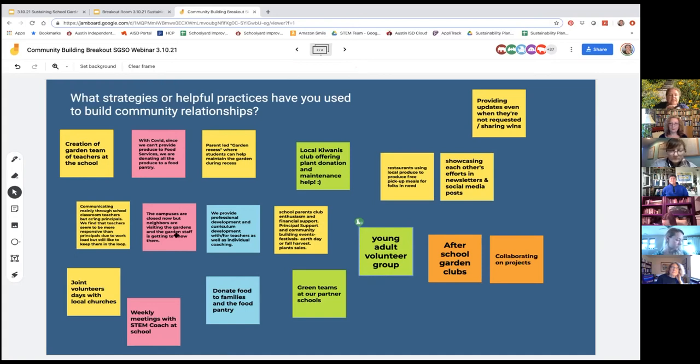This is happening at my son's school. Schools are open here in Austin. Parents have the choice for remote learning, but particularly from March through October this past year, the parents really adopted the garden.